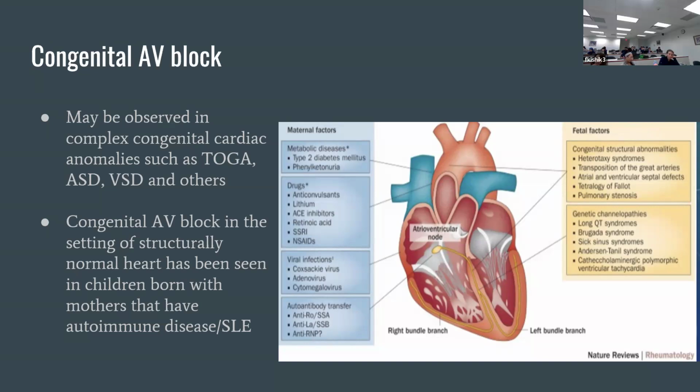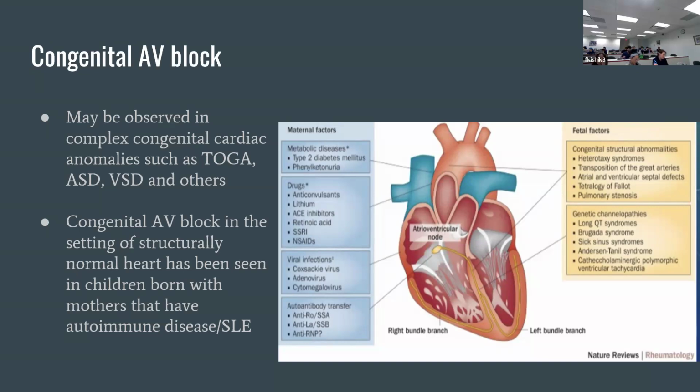Now we're going to get into some other congenital abnormalities outside of the cyanotic and acyanotic lesions. There are certain maternal and fetal factors that can make a fetus susceptible to having congenital AV block at birth. This could be observed in complex congenital cardiac anomalies, such as transposition of the great arteries, which we saw already.